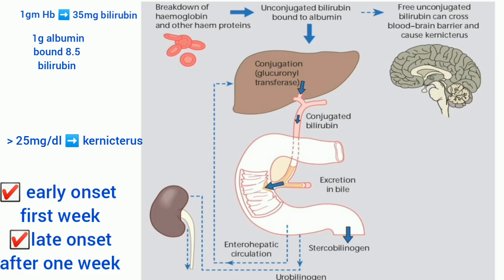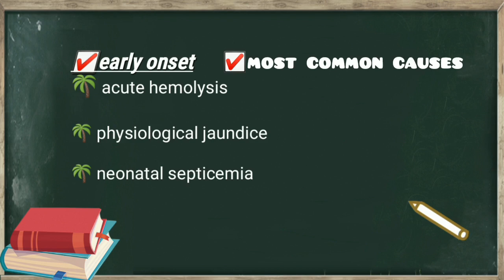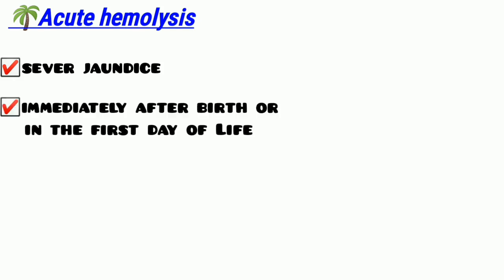Early onset jaundice that occurs in the first week of life may be due to acute hemolysis, physiological jaundice, or neonatal septicemia. In acute hemolysis, the jaundice is so severe and appears just after birth or in the first day of life. As a general rule, any jaundice that appears in the first day of life is always pathological.